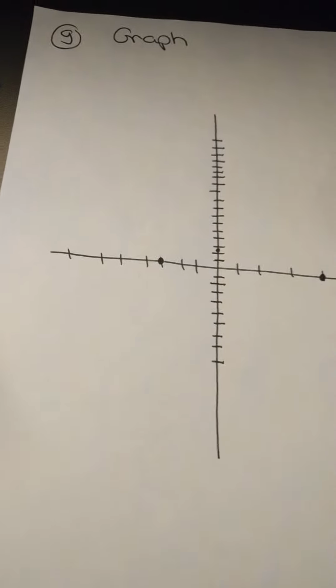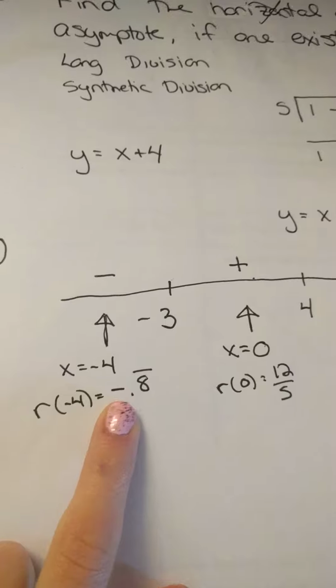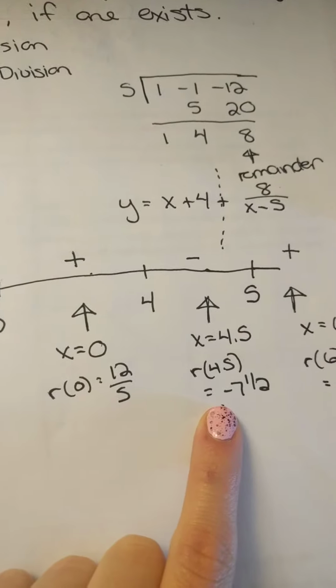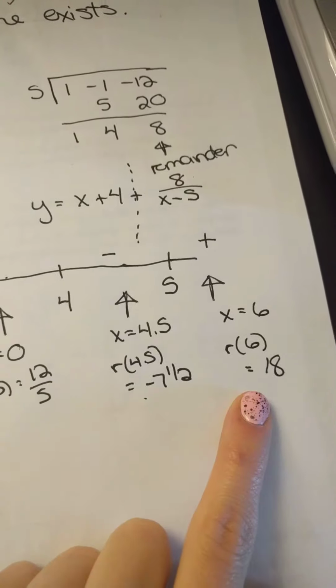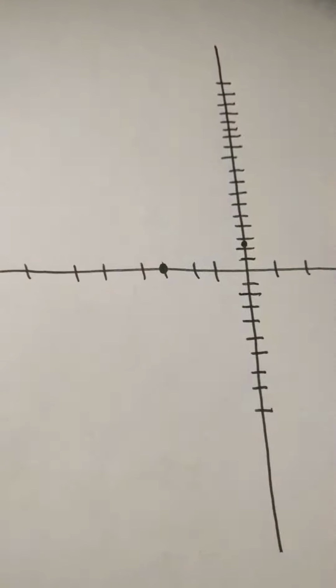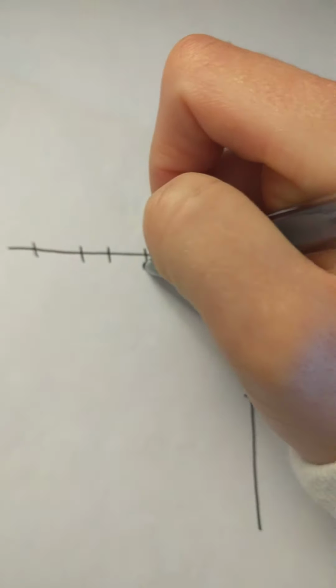I also got a few additional points from my intervals. I got negative 4 was equal to negative 0.8 repeating. I already plotted that one. 4.5, negative 7 1/2, and 6, 18. Let's plot those three points on the graph. So here is negative 4. Go down a little bit. That'll go right there.